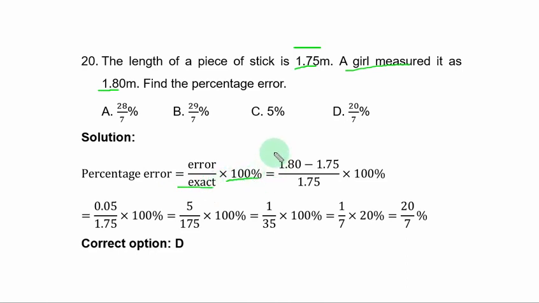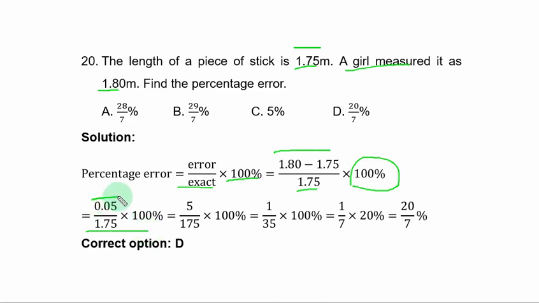You subtract the two measurements to get the error, divide by the exact 1.75 times 100%. That gives this. Now the options, you have improper fractions and a whole number.